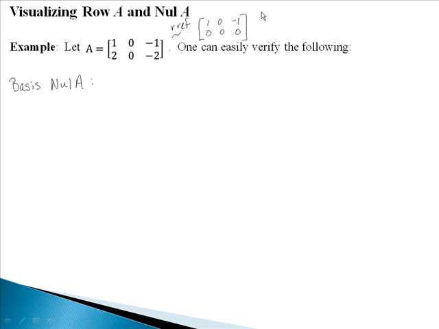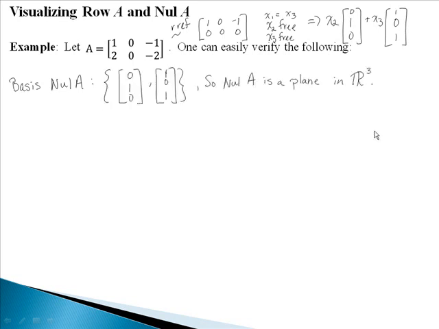And so then the general solution, I have that x1 is equal to x3, x2 is free, and x3 is free. So then I would pull out x2 times (0, 1, 0) plus x3 times (1, 0, 1). So those two vectors are in the basis for my null space of A.